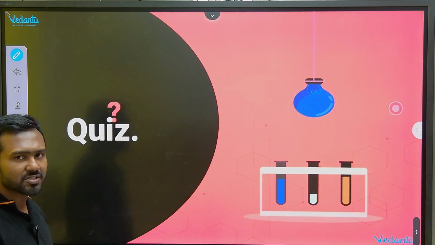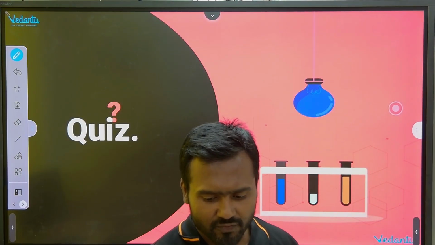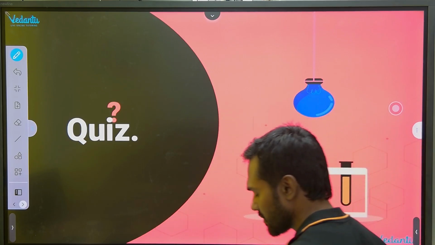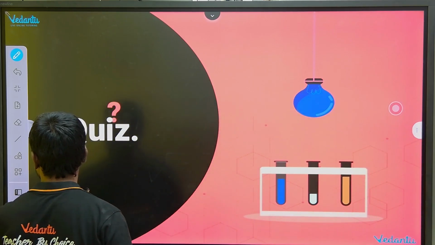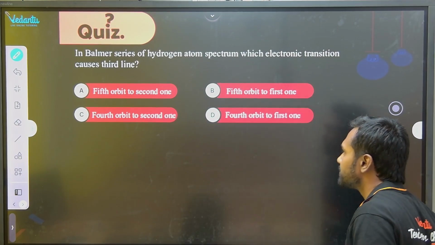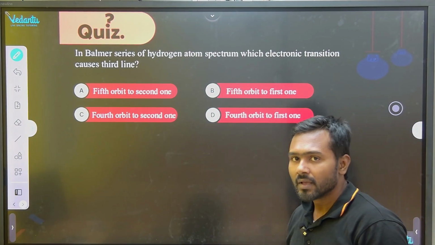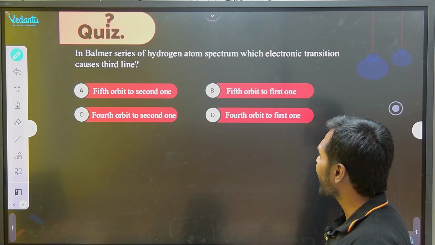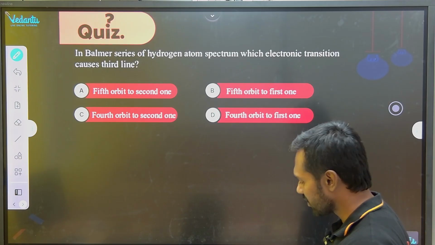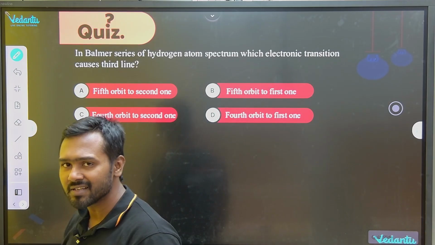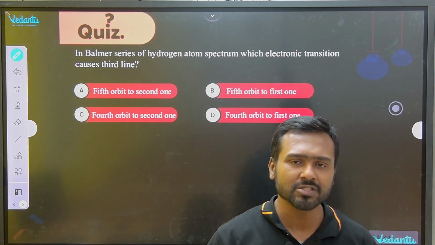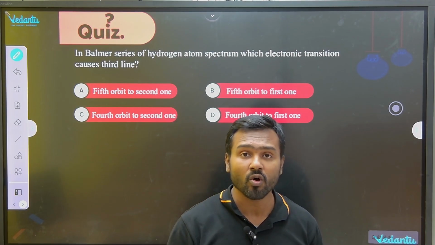So let's solve a few questions here. In the Balmer series of the hydrogen atom spectrum, which electronic transition causes the third line? Balmer series means n1 is equal to 2 and n2 is 3, 4, 5.